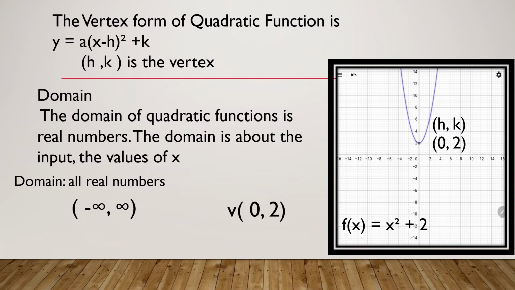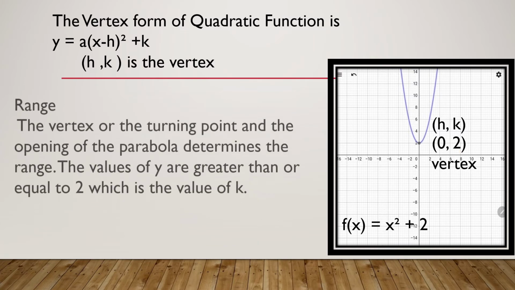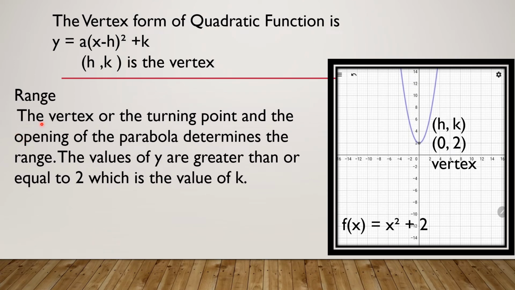Okay, so now, the range: the vertex or the turning point, and the opening of the parabola determines the range. So, titingnan mo daw yung vertex, titingnan mo yung opening ng parabola, kung siya ay papunta sa taas, or opens upward, or opens downward. So, here, in this graph, the values of y are greater than or equal to 2, which is the value of k.